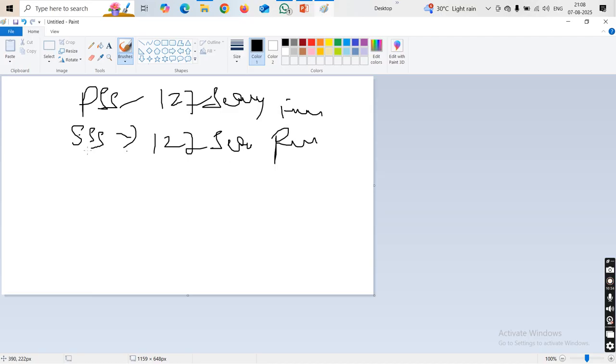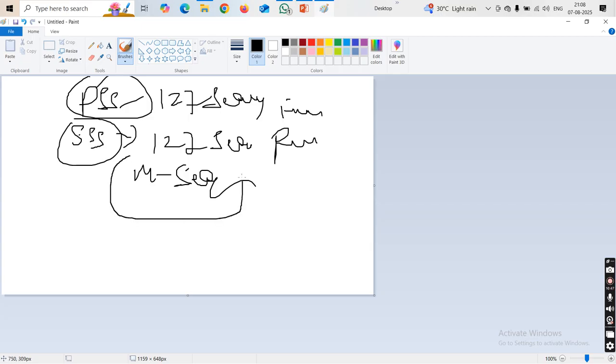Next, how are PSS and SSS generated? The answer is through M-sequence. LTE was following the Zadoff-Chu sequence code, but in NR the M-sequence is used instead. Now a question can be asked: why did 3GPP do that?